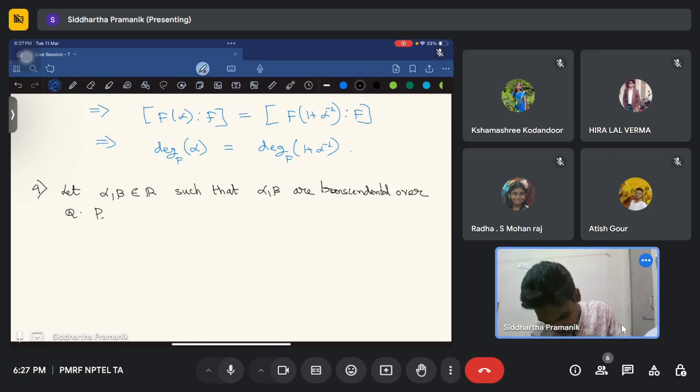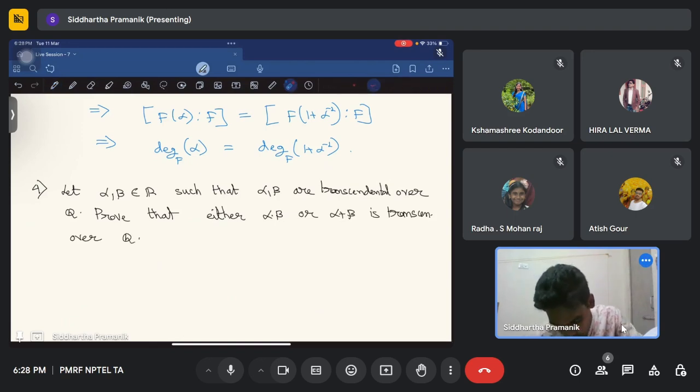So prove that either alpha times beta or alpha plus beta is transcendental over Q. If you have two transcendental elements alpha and beta over Q, then either their product or their sum has to be transcendental.